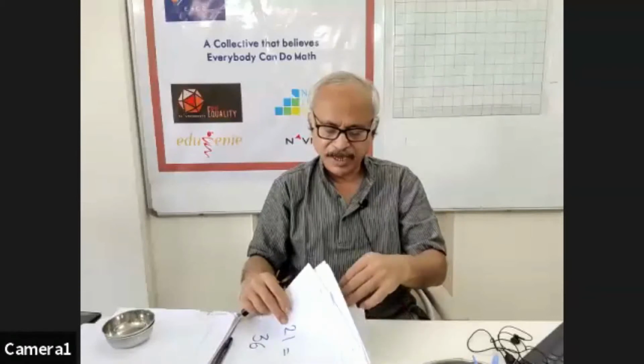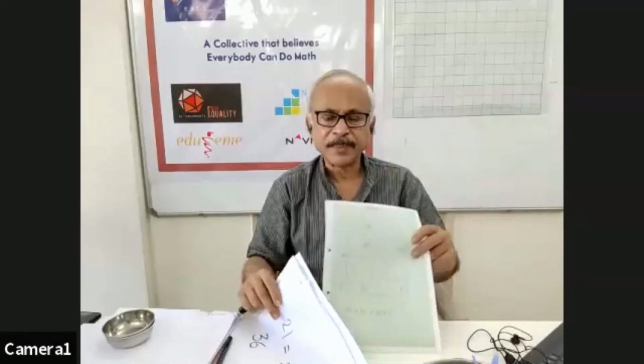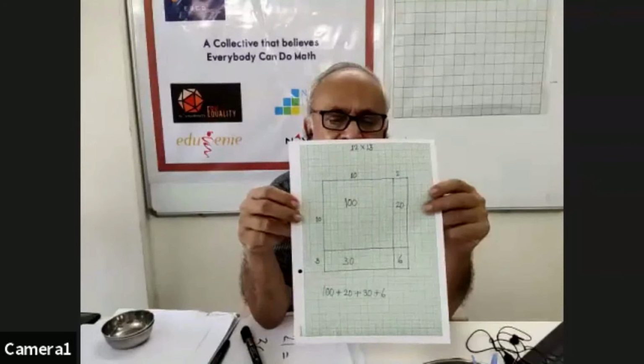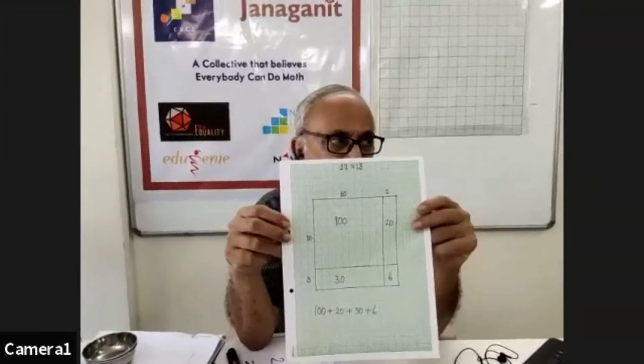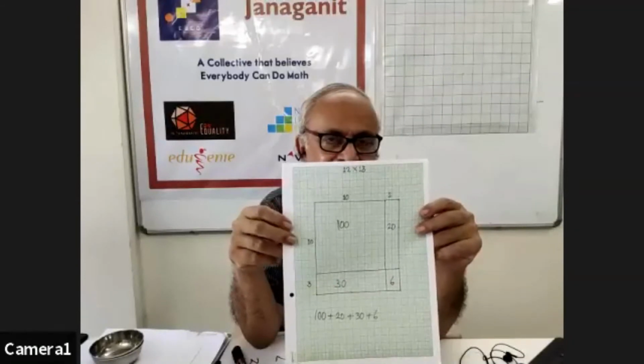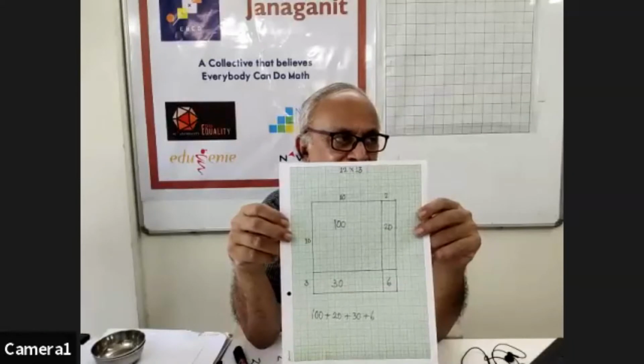I'm going to show you the diagram, and by looking at the diagram, you may understand. Remember, this is something that we did earlier. So now, looking at this diagram, can you tell me how to write 100 in T language?